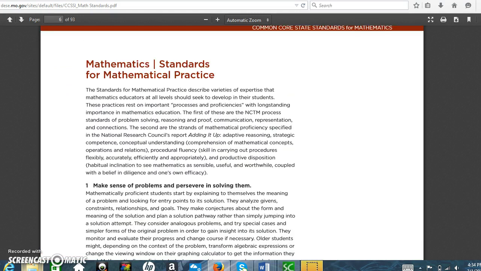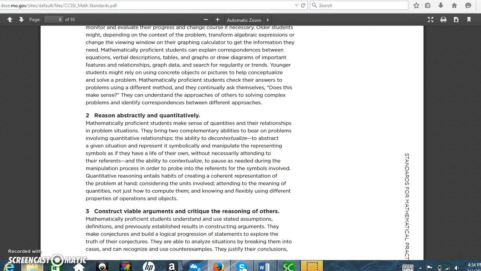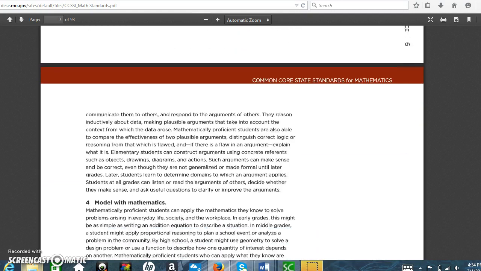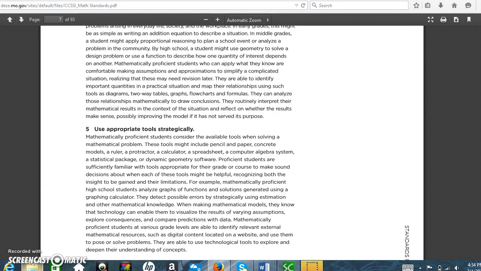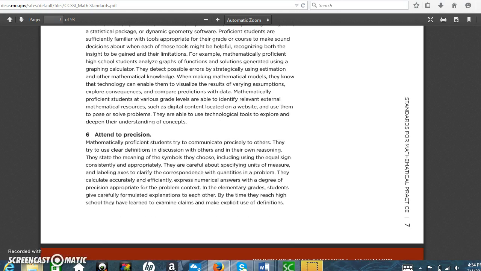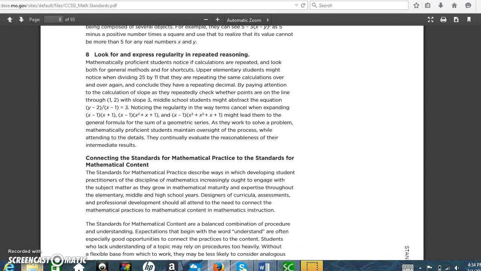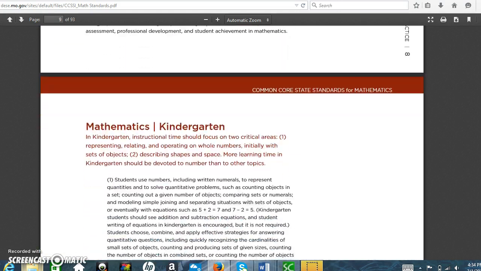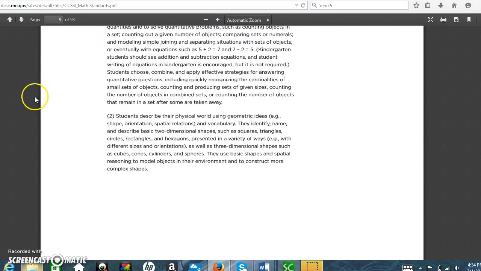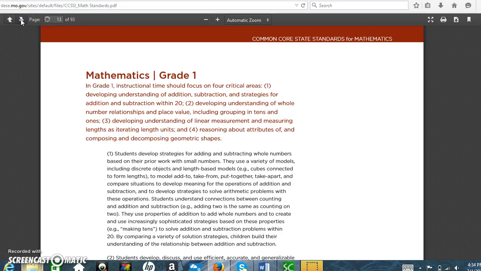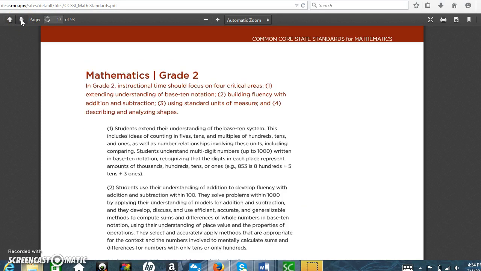So now let's look at our overall document. We're going to look at our 4th grade standards because that's what our case study is, and that's what we're going to concentrate on. Let's flip down a few pages till we get to our standards for 4th grade.